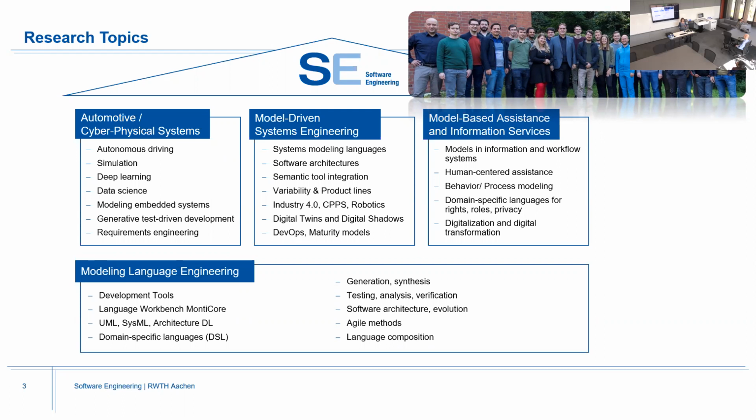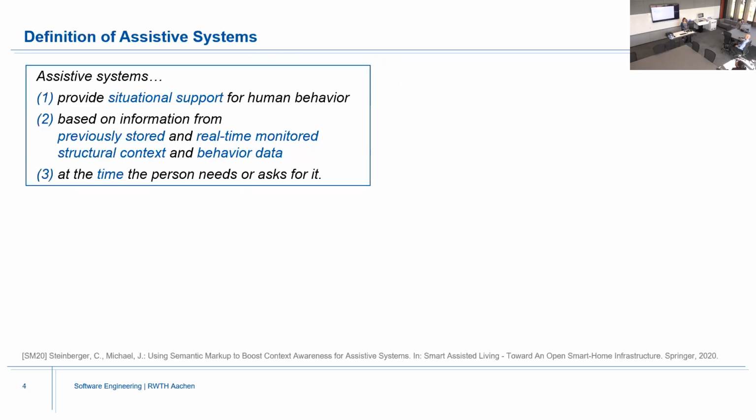So what I'm talking about today is the last area, assistive systems and information systems, so how we can model such information. Now, when I'm talking about assistive systems, what is an assistive system? Here you can see a definition.